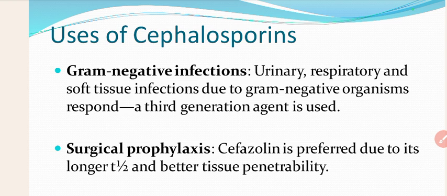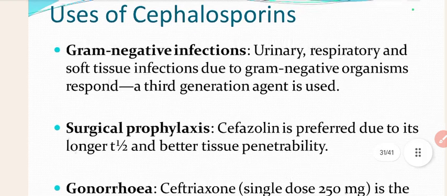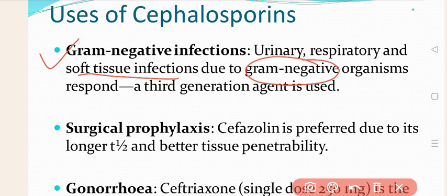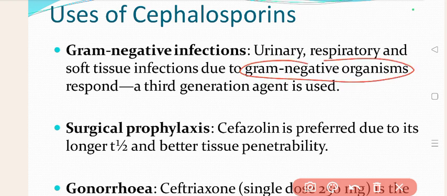Cephalosporins are used in gram-negative infections like urinary tract infection, upper respiratory tract infection, lower respiratory tract infections like pneumonia, and skin and soft tissue infection due to gram-negative organisms. They are treated with the third generation cephalosporins.